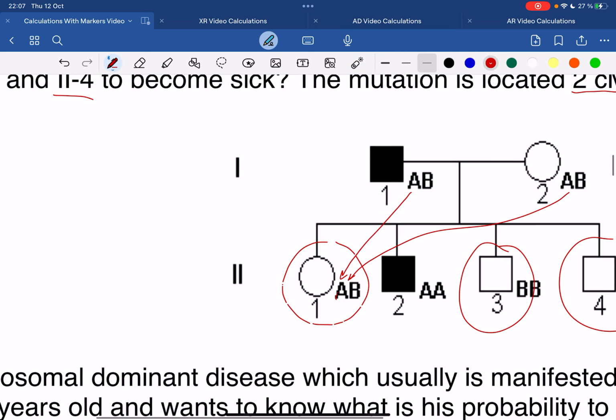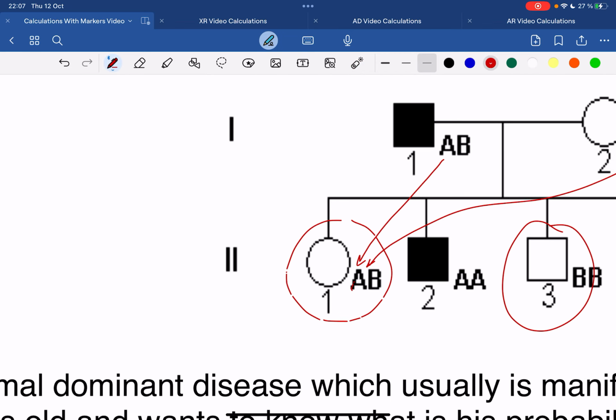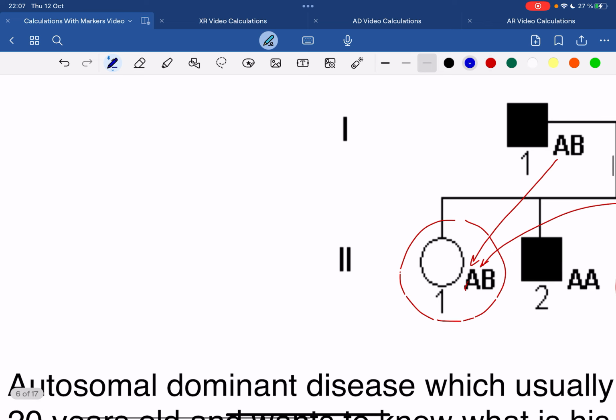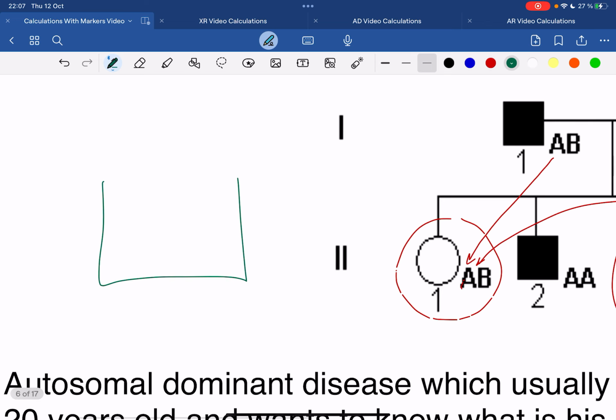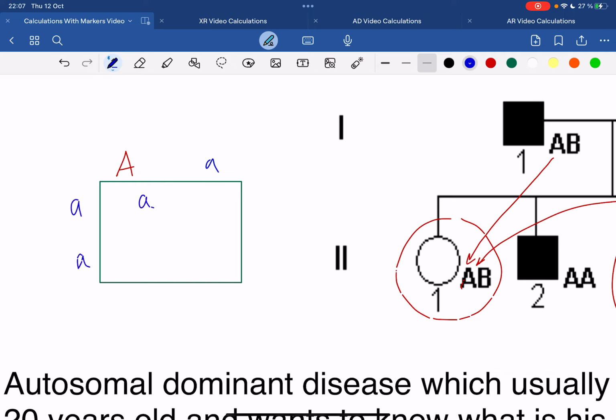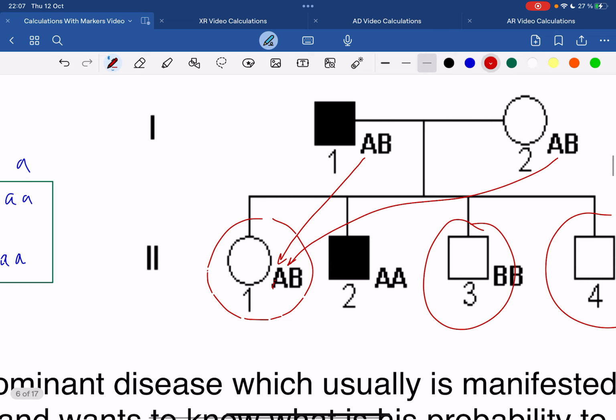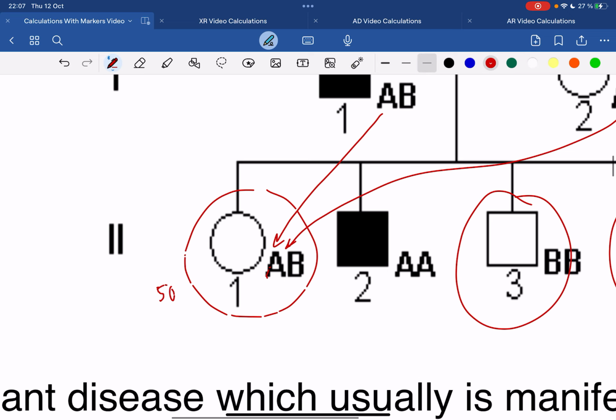Therefore, we just revert back to the 50% idea, or 1/2 idea. Why? Because let's say that this represents the father and this represents the mother here. You can see here there's a 50% chance that we receive the unhealthy allele from the dad. Therefore, this would be 50%.